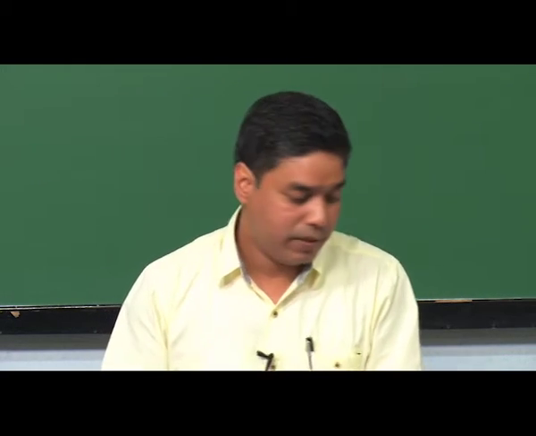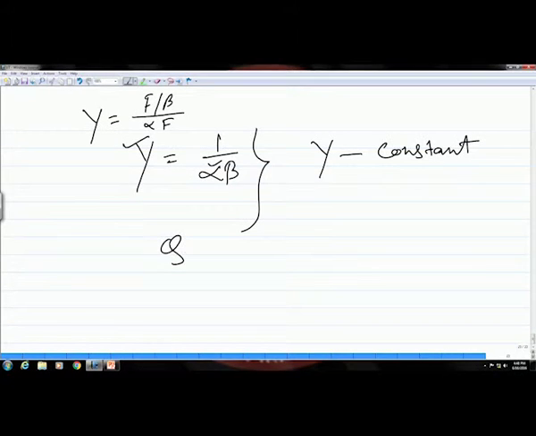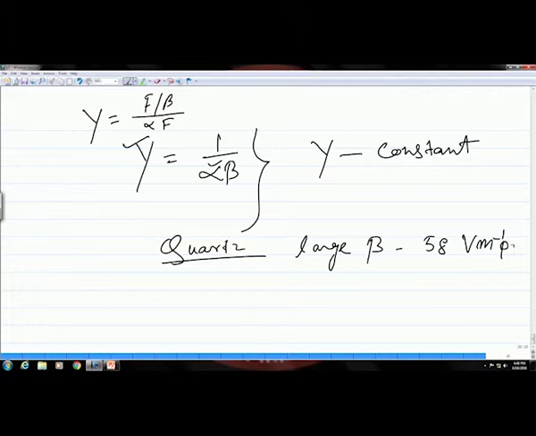transmitting and receiving. Okay. So, for example, if you look at the values that these two materials that we talked about, quartz and PZT, quartz has a large beta value, around 58 volt per meter per Pascal.